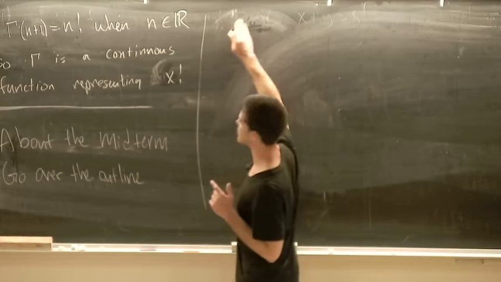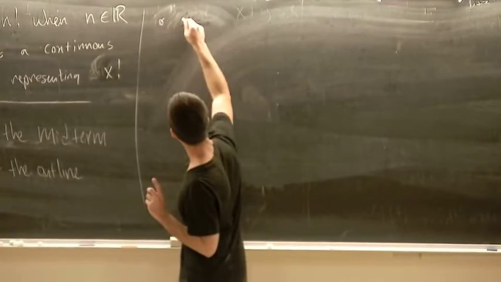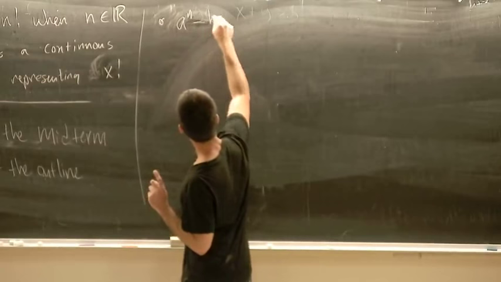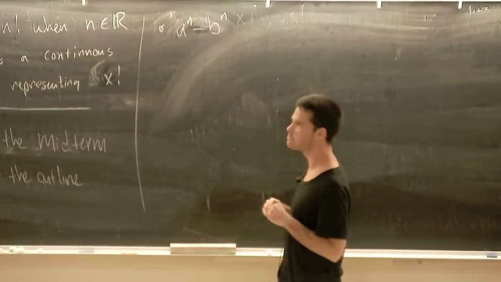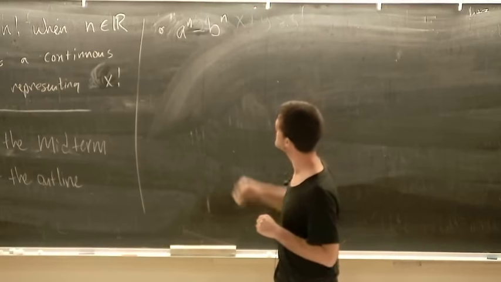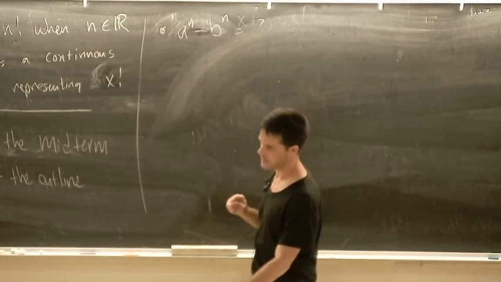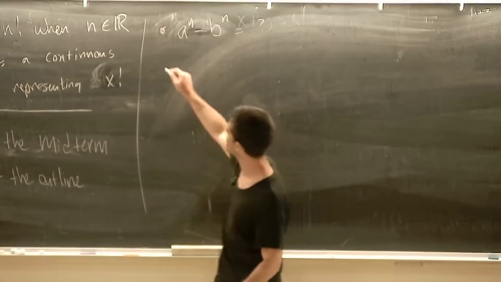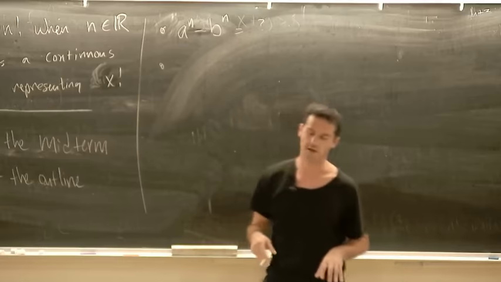Okay, here are some hints. It might be helpful if your outline included how to factor a to the n minus b to the n. You should definitely have all the relevant trig identities. Those are liable to come up.